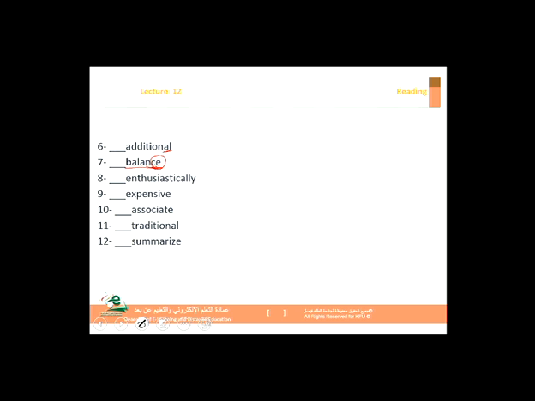So look at the suffixes. Balance can be used as a verb, but it's actually a noun as well. Enthusiastically. Now sometimes you don't know the meaning of these words. Just look at the suffix. So here I know it's an adverb. Enthusiastically.